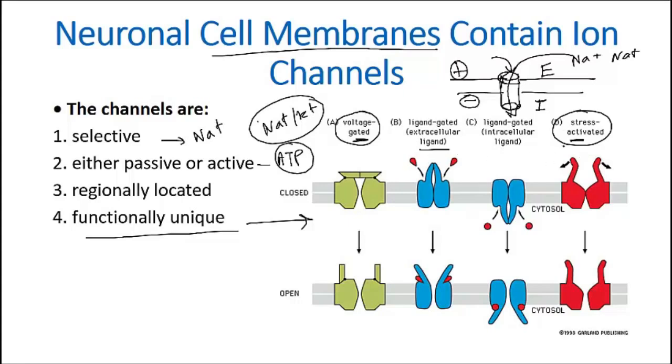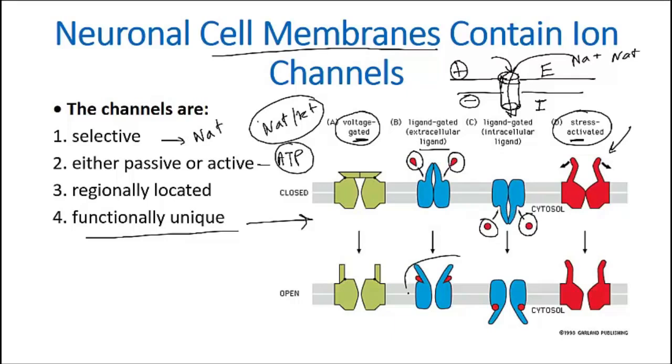The stress activated channel is a unique type: when the cell is witnessing any kind of stress, that will cause the channel to open up, and only then can molecules pass. On the other hand, a ligand gated channel will open once a specific chemical molecule, from an extracellular or intracellular source, binds to the specific receptor region of the channel.